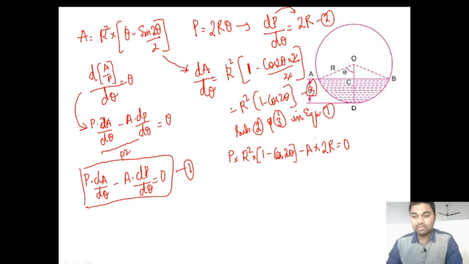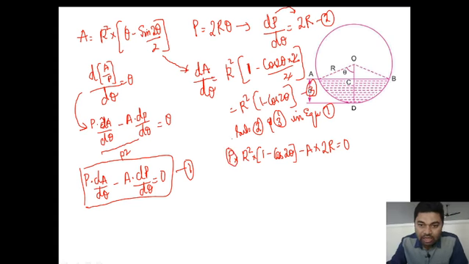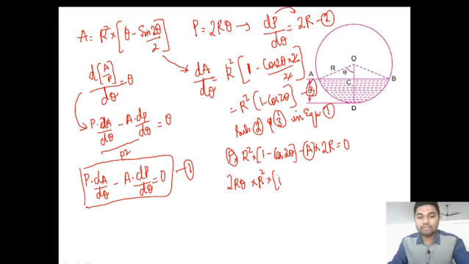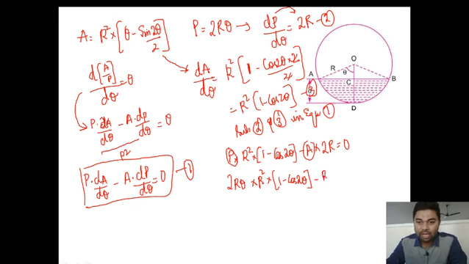On simplifying this equation, this value of P and this value of A can again be substituted. P is 2rθ, and the formula for area is r square into (θ minus sin 2θ by 2). So we get 2rθ into r square into (1 minus cos 2θ) minus r square (θ minus sin 2θ by 2) into 2r is equal to 0.